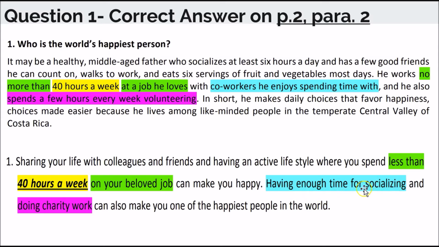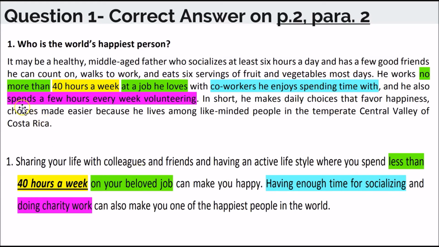So we're looking for some part that means this in the actual text. So with this part, "with co-workers he enjoys spending time with," actually mean the same here, right? So "socializing" and "enjoy spending time" are actually quite the same things.